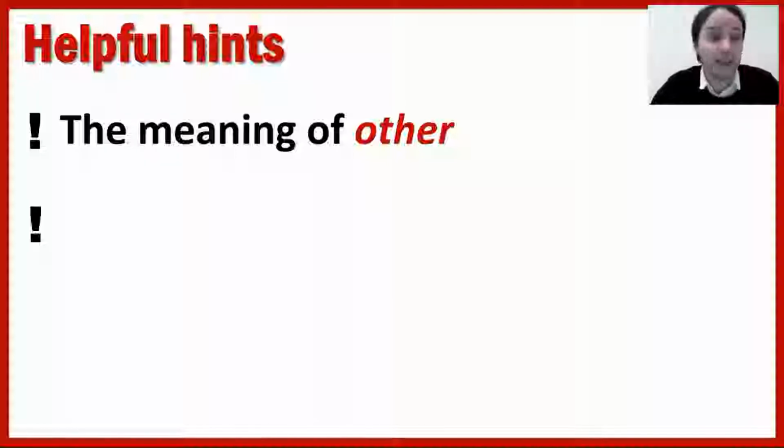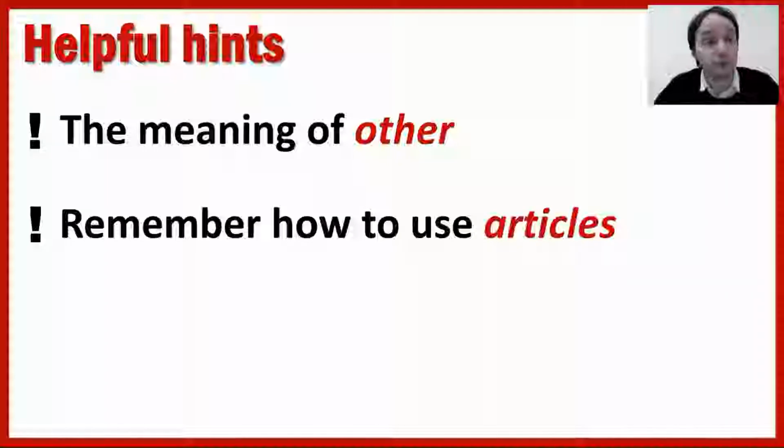And the next helpful hint, which actually isn't very helpful, is how to use articles. I say it's not very helpful because students make mistakes with articles even when they are very advanced as well. And this is the main problem. So when we're talking about other, another, the other, the others, a lot of the problems really are about this topic. They're about articles. So a and the and nothing, zero article.